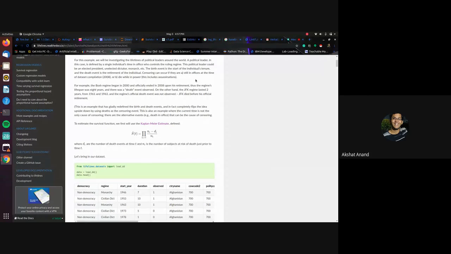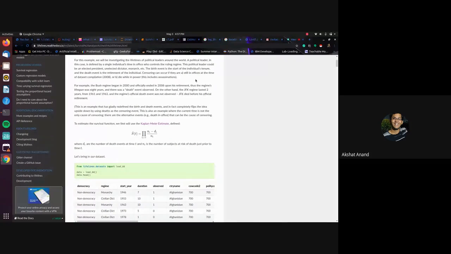At a given time we are calculating the survival of all the presidents, but a given president is still in office, which means the churn has not happened.